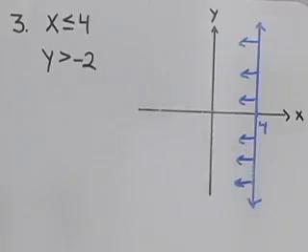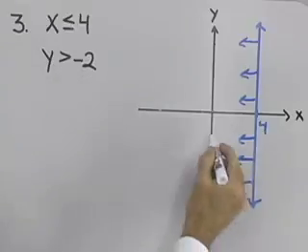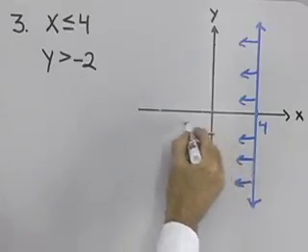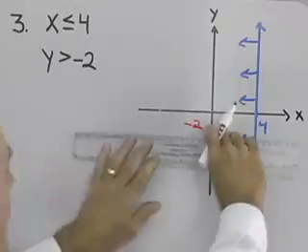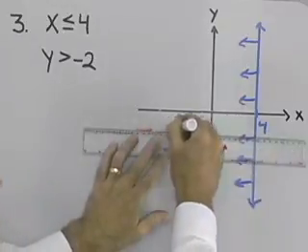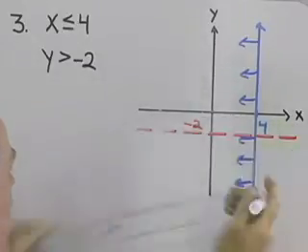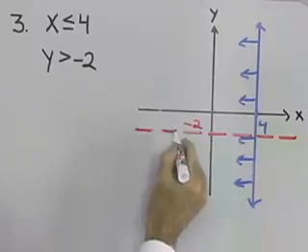My second inequality is y is greater than negative 2. So I'll just go down here to negative 2 on the y-axis. I'm going to draw in a horizontal line using a broken line because my inequality symbol is strictly greater than. So here's my nice broken line.